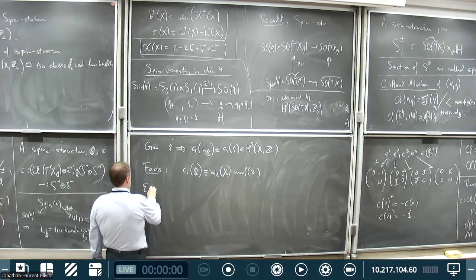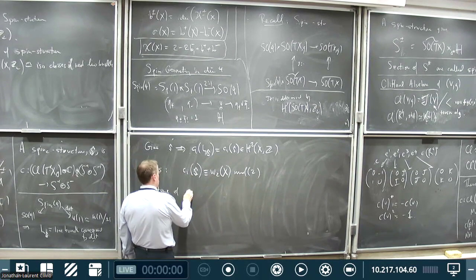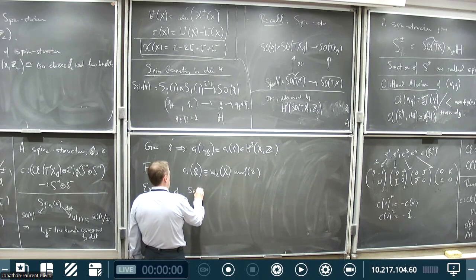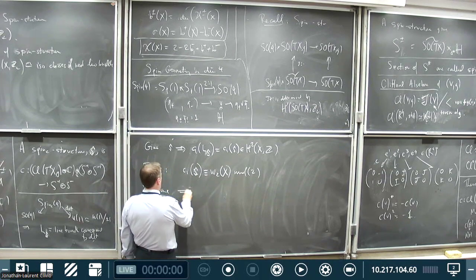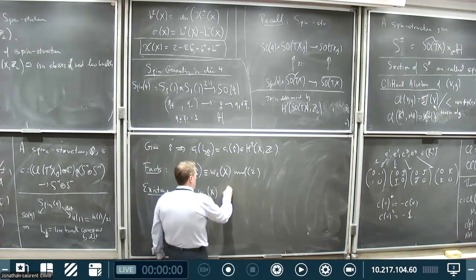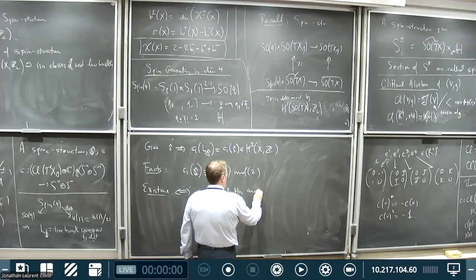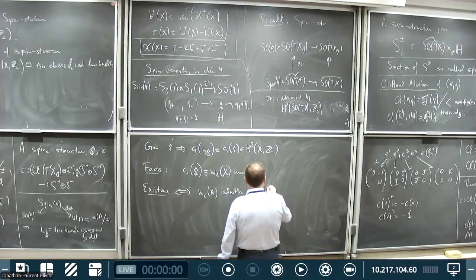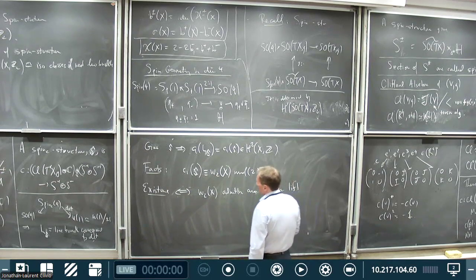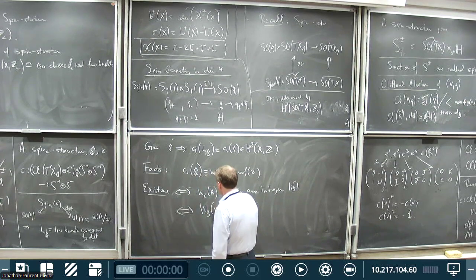And existence of a spin C structure is equivalent to W2 of X admitting an integer lift, which is equivalent to the vanishing of the integral third Stiefel-Whitney class.